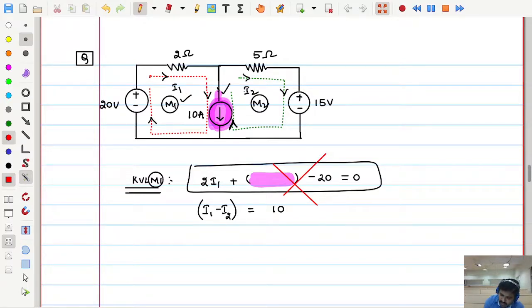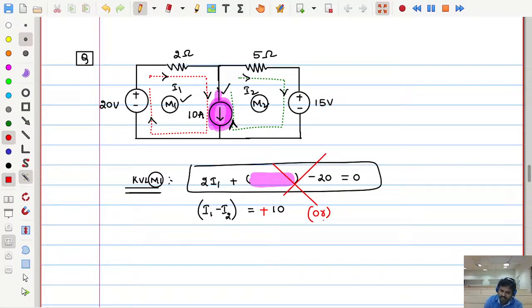I1 minus I2 is equal to the common best friend current, the current source. Because my current and my best friend's current are both in the same direction, I am taking positive. If it is opposite, I will take negative. This we can also write in another way. My turn is completed.